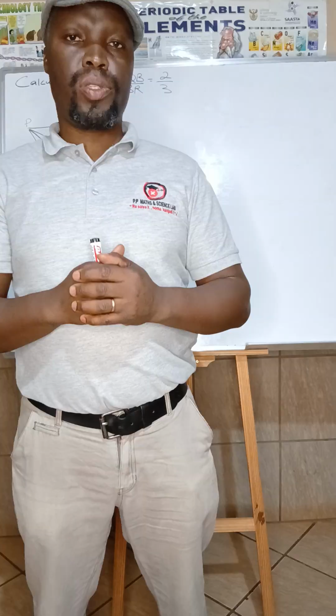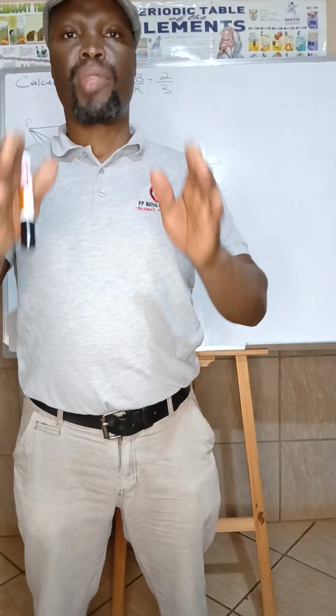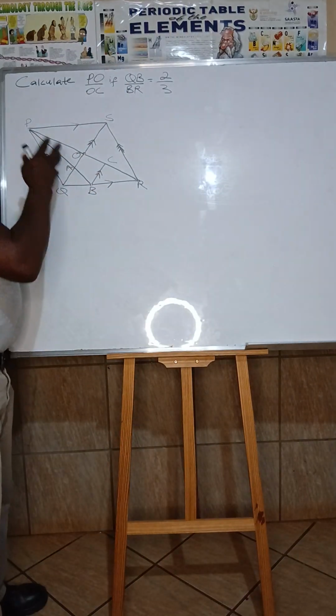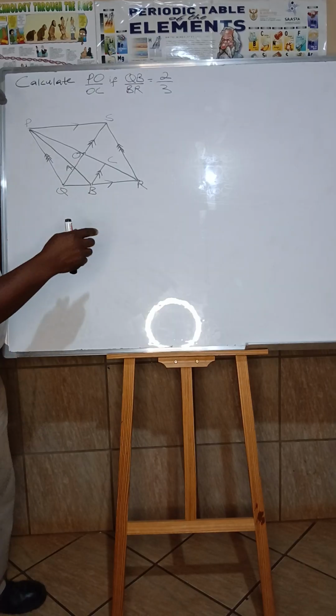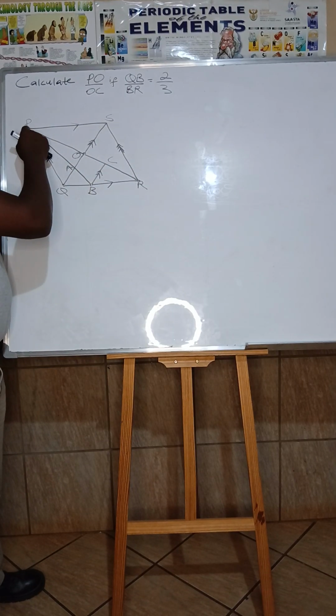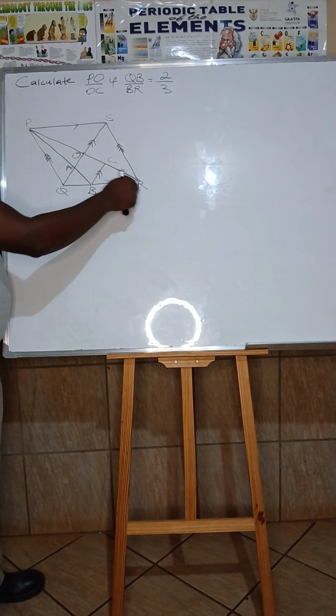Today I would like us to work on solving problems by making use of the proportionality theorem. Over here we are given this problem. As you can see, we have a parallelogram PSRQ.